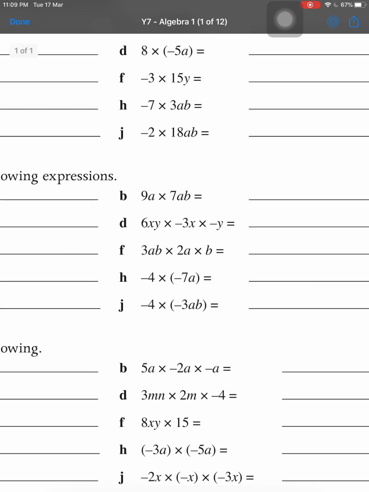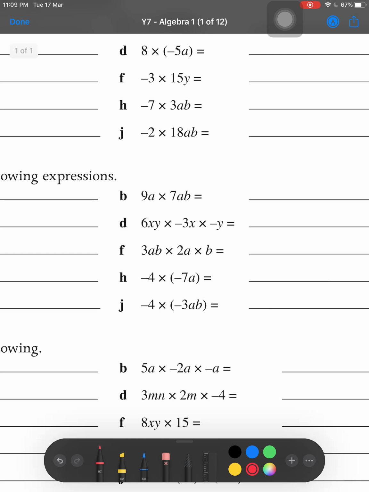For example, question 3D. Okay, look at this. What you have to do is solve it bit by bit. 6 times negative 3 is negative 18. And then negative 18 times negative 1 is positive 18. So the multiplication on the number part is done. Now for the letter part, you don't have to even concern yourself about the plus and minus sign because you've already solved it by multiplying the numbers in the first place.